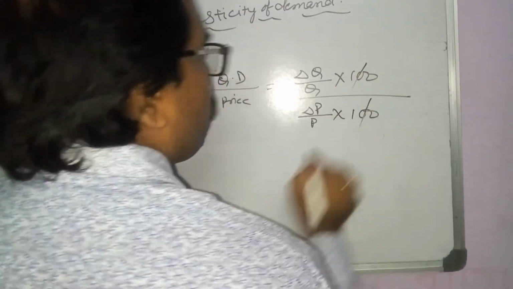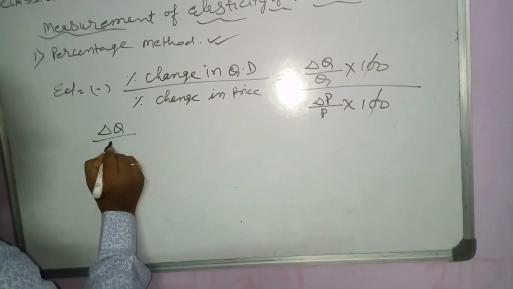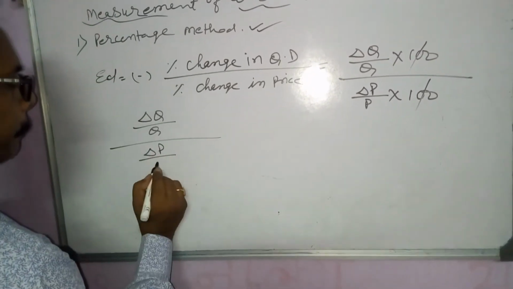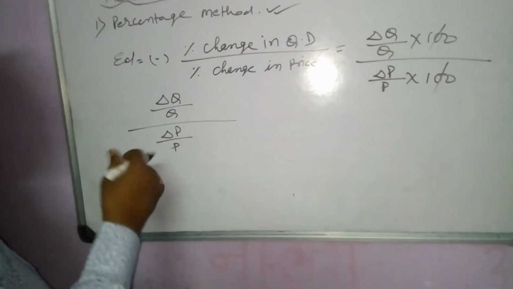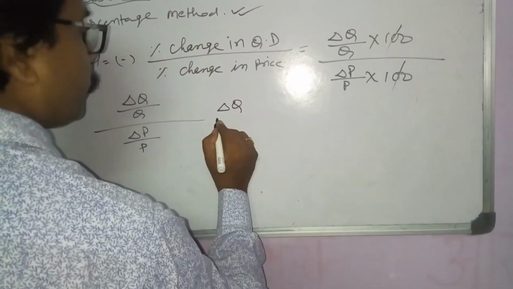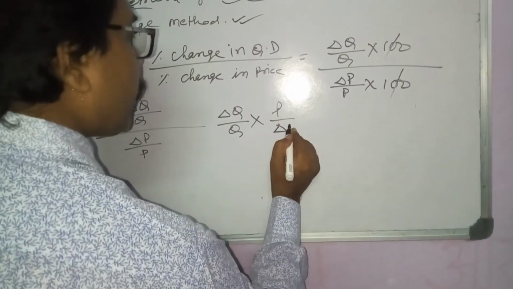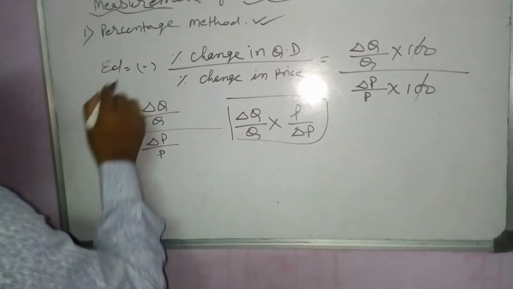So the 100 cancels, and what remains is delta Q by Q divided by delta P by P. If we apply cross multiplication, it is delta Q by Q into P by delta P. So this is the formula of ED.